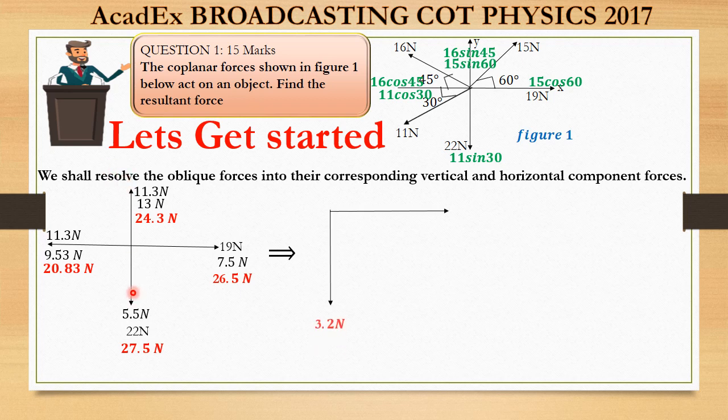When we do that, we'll obtain something like this. We'll subtract 24.3 from 27.5 to have 3.2, and we'll subtract 20.83 from 26.5 to have 5.67.